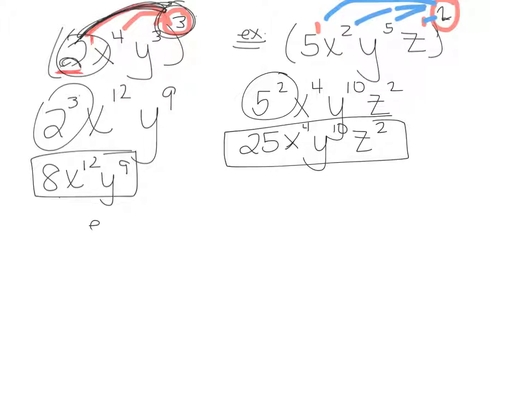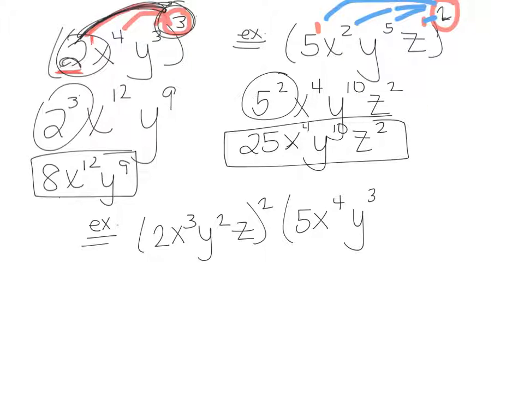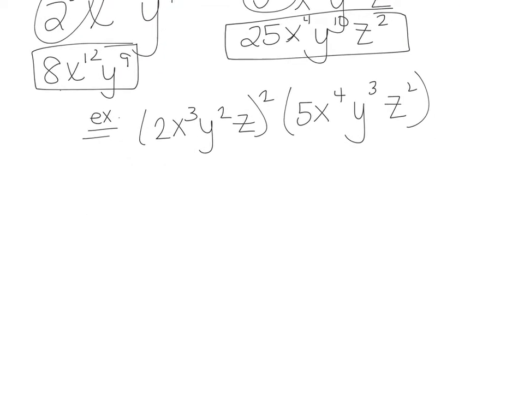So what if I had a problem like this? 2x cubed y squared z to the 2nd power times 5x to the 4th y cubed z squared. I got a lot going on in this problem.